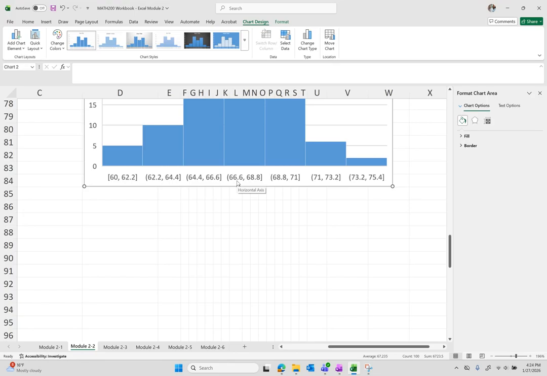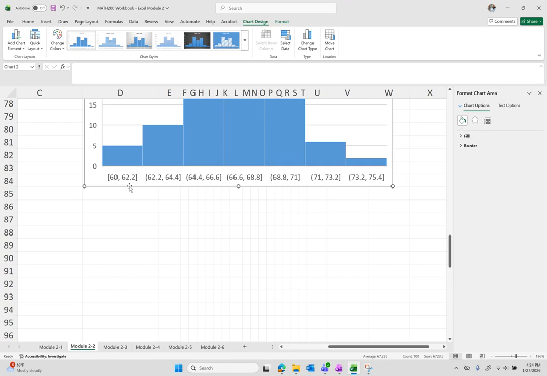And because Excel is trying to include as many data values as possible, there is a little discrepancy here. The discrepancy being that in the first bin, Excel has both endpoints being included in the interval. So you could equal the left side, which is 60, but you could also equal the right side, which is 62.2.